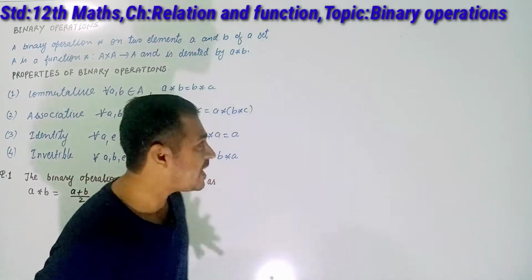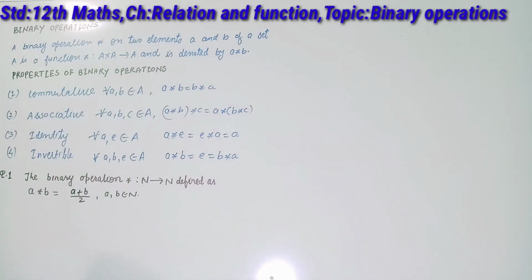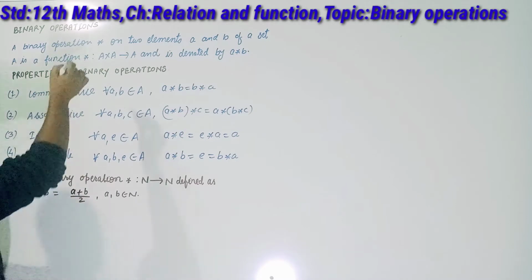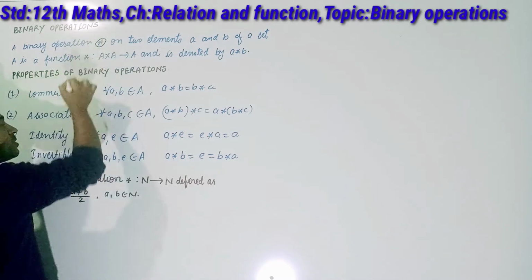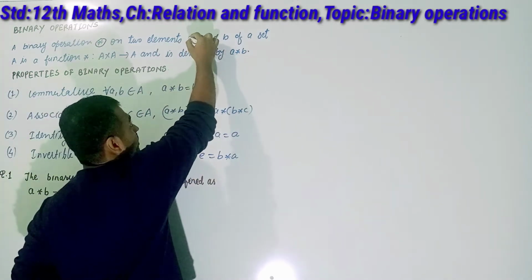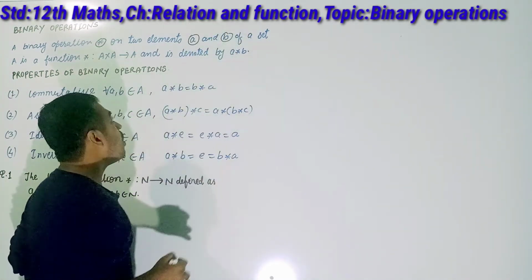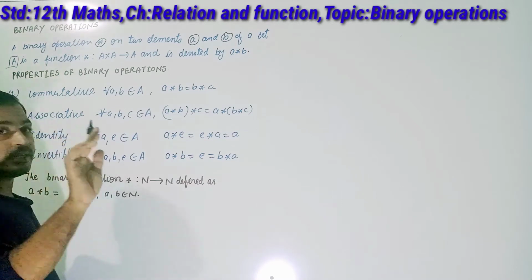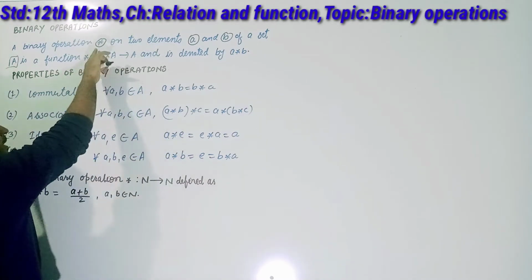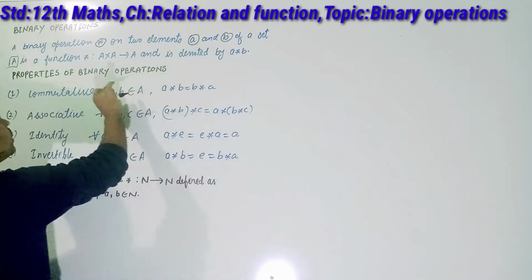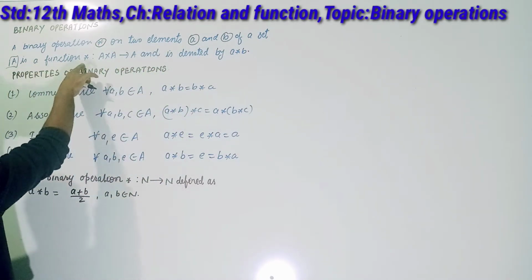Okay students, let us see the definition of binary operation. What is a binary operation? This star is known as a binary operation on two elements A and B of a set A. Keep it in mind, students: star on two elements A and B of a set A is a function.